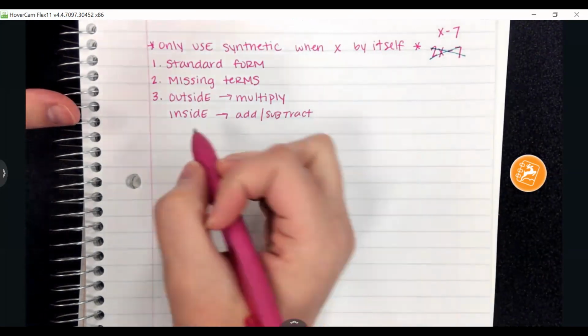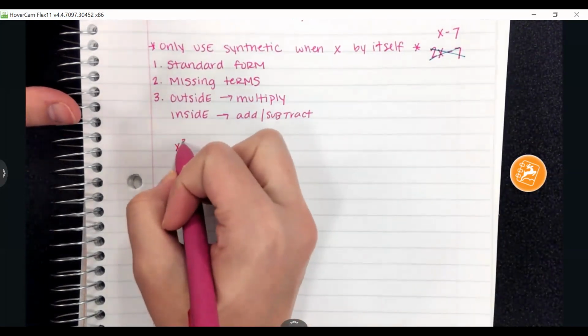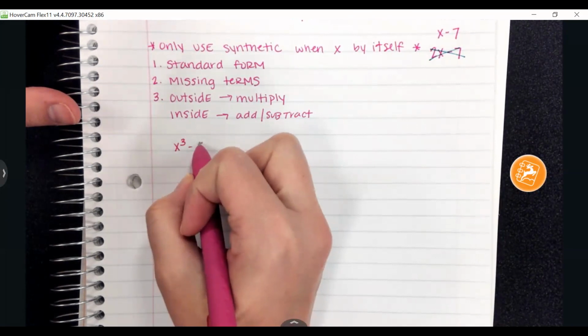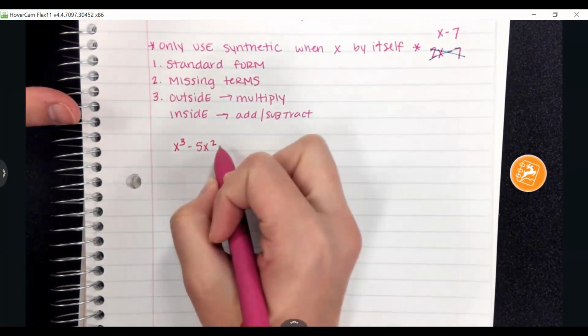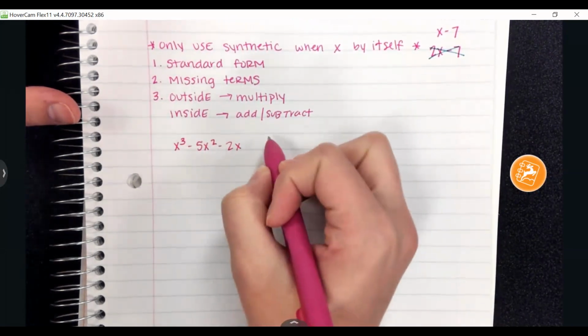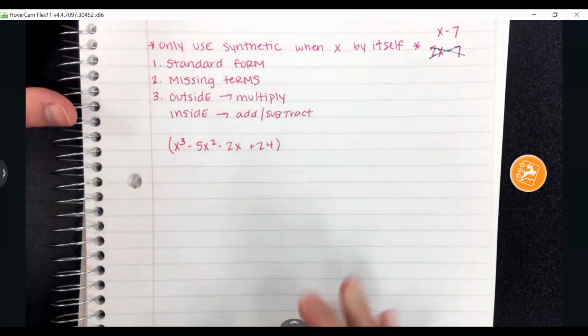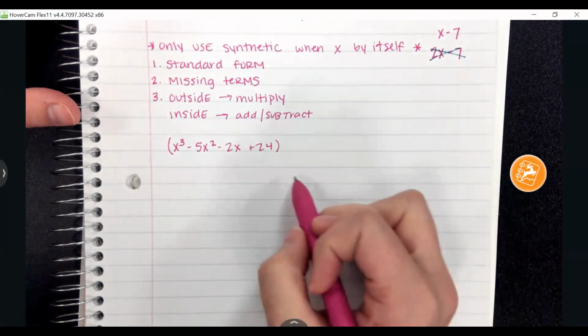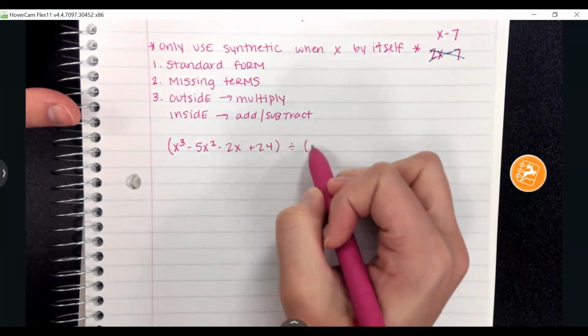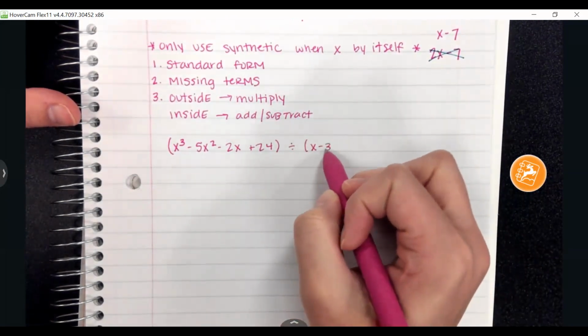So our first problem we're going to do will be x cubed minus 5x squared minus 2x plus 24. And I'm going to divide this by x minus 3.